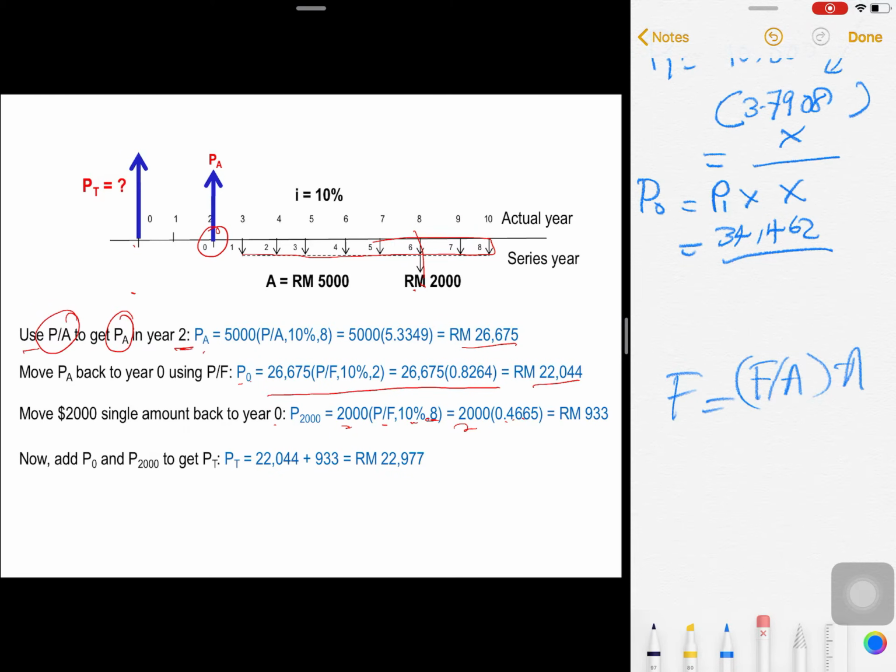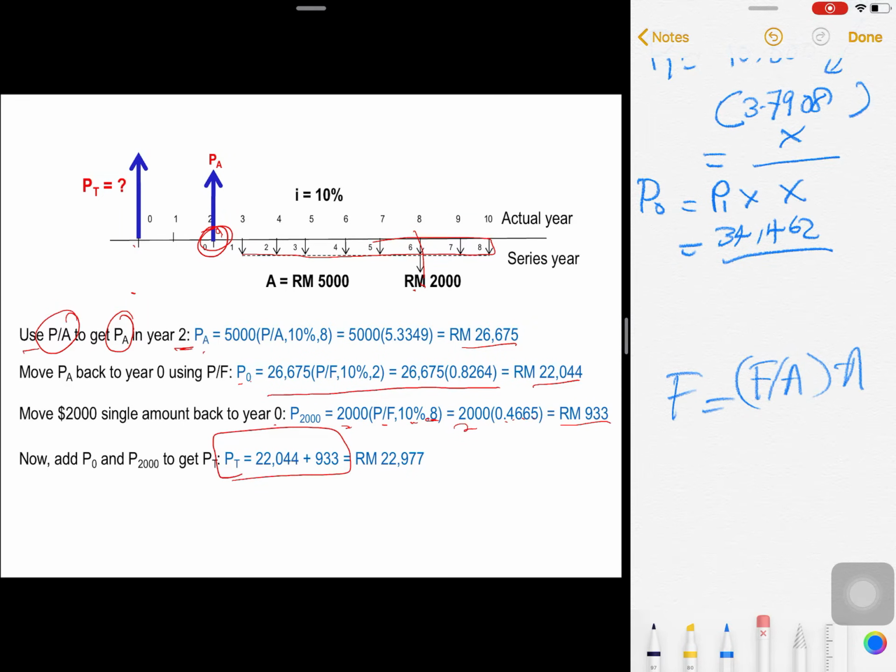So 2,000 times 0.4665, you get a figure of 933. So to get the P total, you have to add up whatever you get, PF times PA, which is 22,044 ringgit, plus the value of the single amount at P8.